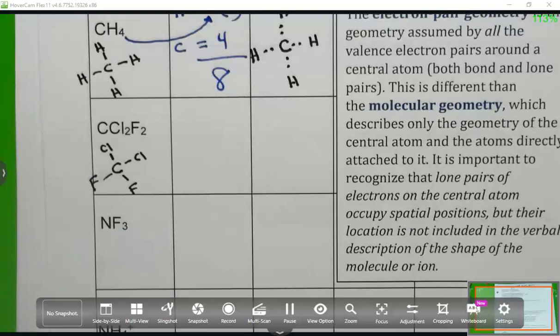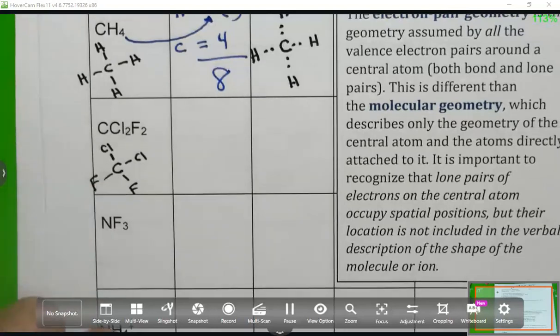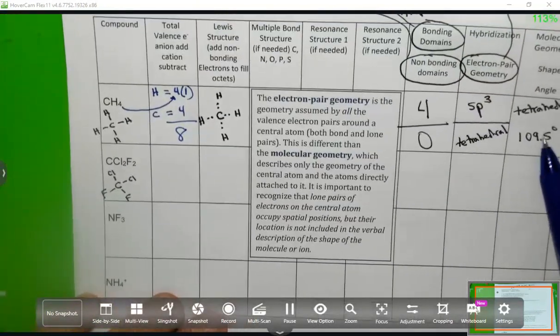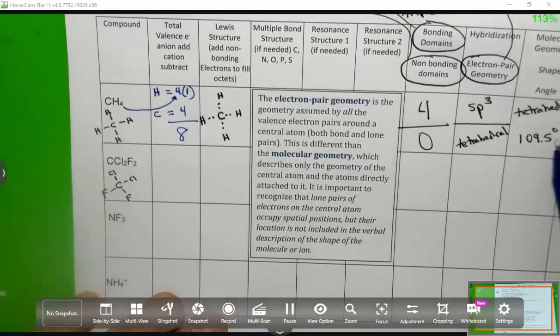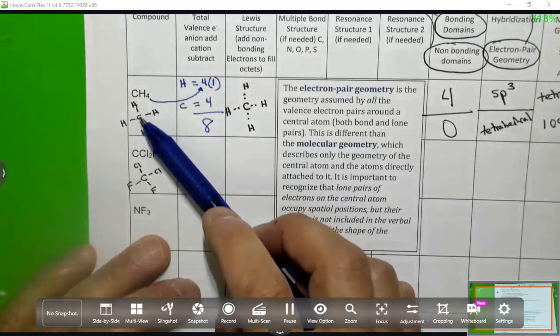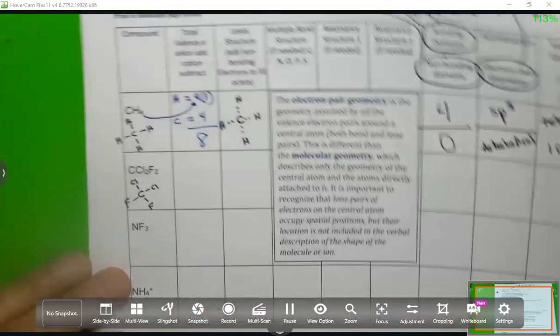The answer is it makes no difference, because I'll bring the model next time we meet and you'll see that this is a 2-dimensional representation of a 3-dimensional molecule. So when you do tetrahedral, we wrote down 109.5. That's 3-dimensional space. On paper, it looks like these angles are 90, right? But they're not 90, 109.5 for those.